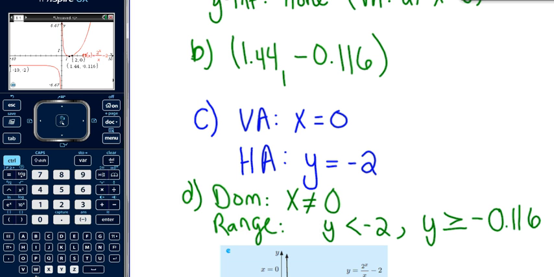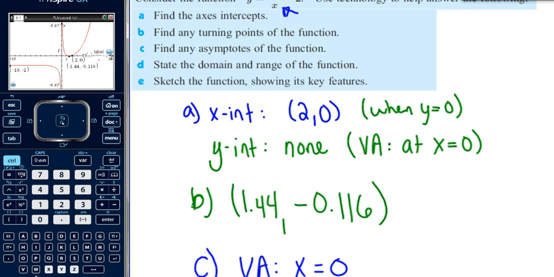We could also write that in interval notation, so we could say y goes between -infinity and -2, or including -0.116 to infinity. Okay, so that's our range. So y can be any value except in between -2 and this y value here, this -0.116. So we just want to make sure we're not including that in the range.